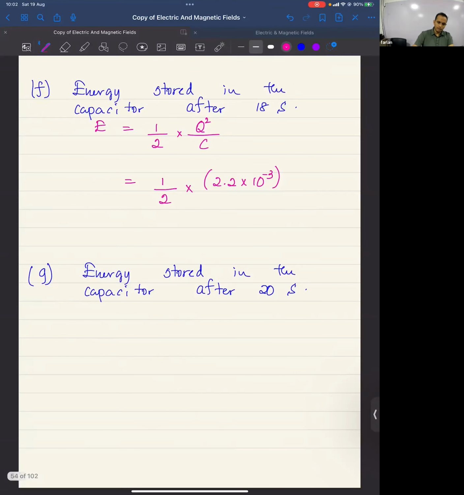Right. So half Q square over C. Q is 2.2 into 10 to the power minus 3, and that's squared.